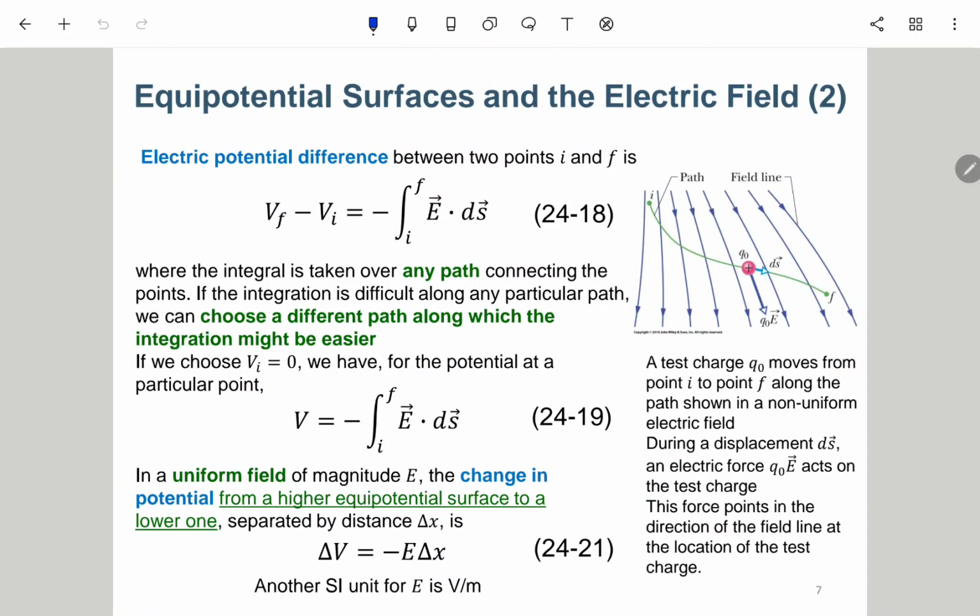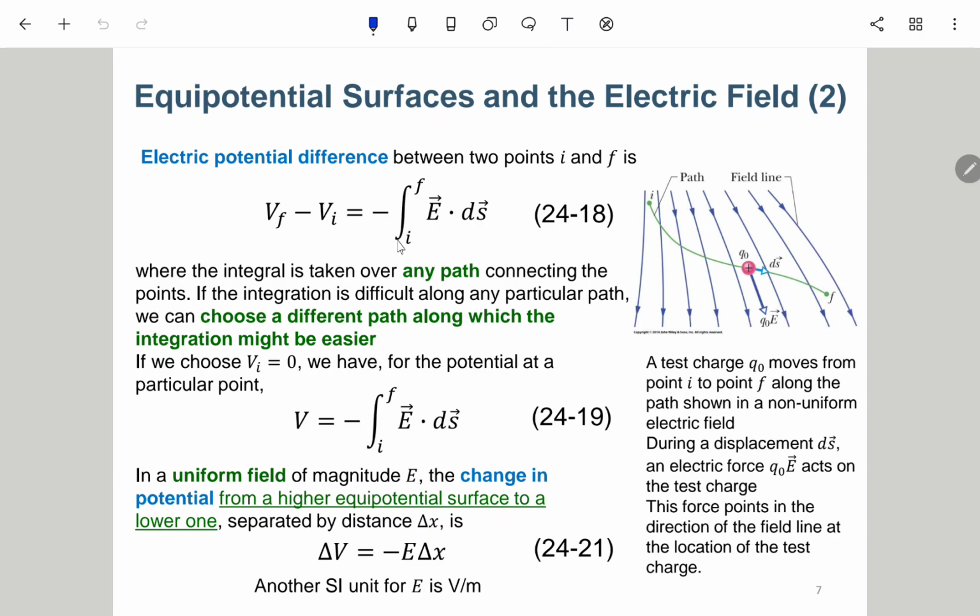Okay, so here we have some mathematics, some rigorous definition. The electric potential difference between two points I and F is Vf minus Vi, which equals this stuff, which is negative.